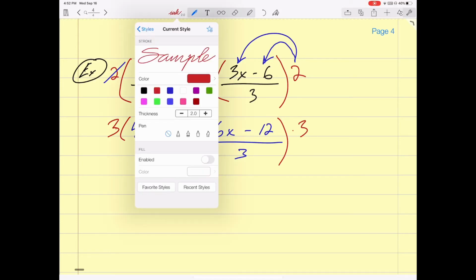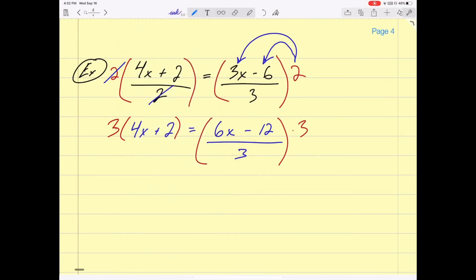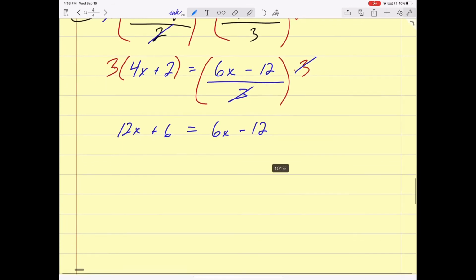And let's simplify that. So then we'll have 12x plus 6 equals, and on this side, these 3's cancel. If it's in the numerator and the denominator, it's just equal to 1. 3 divided by 3 is 1, so we can cancel them. And then I would have 6x minus 12. And now we just go through the basic stuff we've done before.